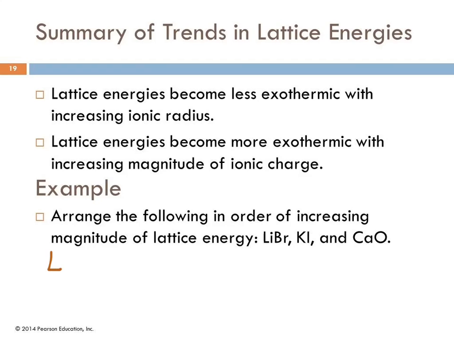So let's look at lithium bromide and potassium iodide. What are the charges on those ions? +1 and -1. Both the cations are +1, both the anions are -1. So charge doesn't come into this. It must have something to do with ionic radius, ionic size.